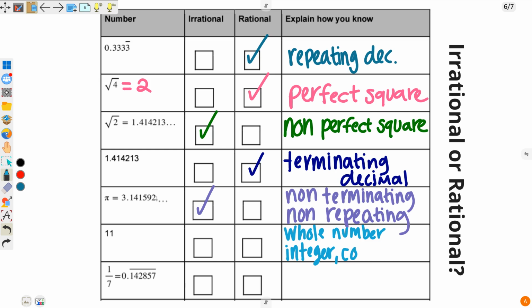And it's a counting number or a natural number. These are all part of your vocabulary. Well, if it's one of those, that's a predictable number, right? There's nothing funky or weird about the number 11. It's just a number. So if it's a whole number, an integer, a counting number, a natural number, it's rational. Okay? That's just a number.